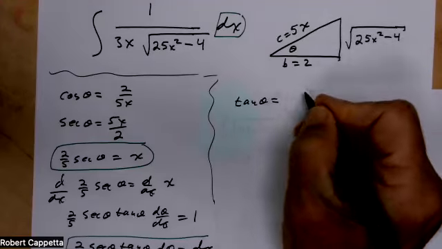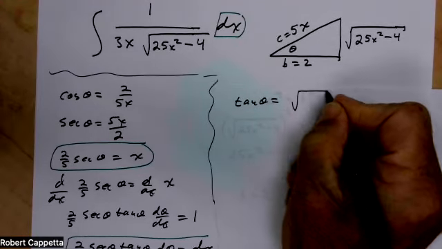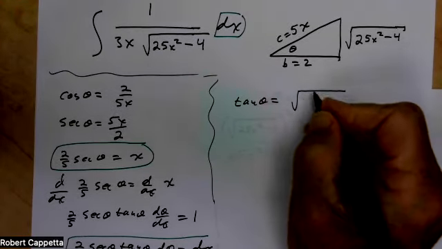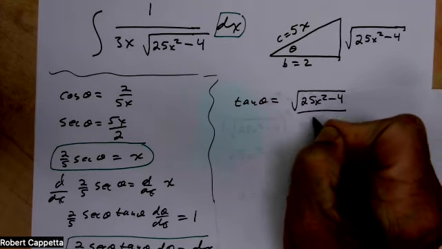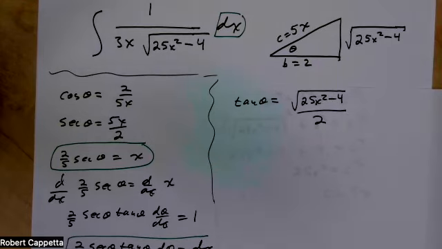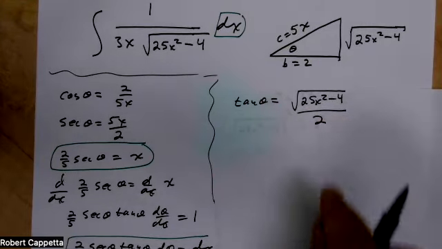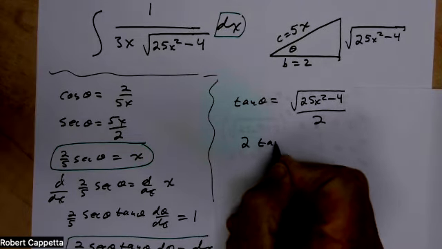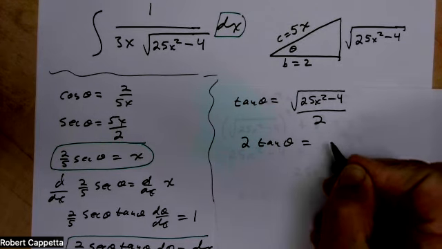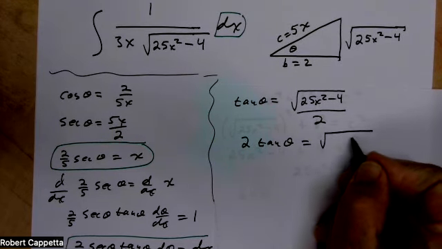Tangent of theta, opposite over adjacent, root 25x squared minus 4 over 2. So knowing that, then we want to solve for that root 25x squared minus 4. So 2 tangent theta is going to equal root 25x squared minus 4.